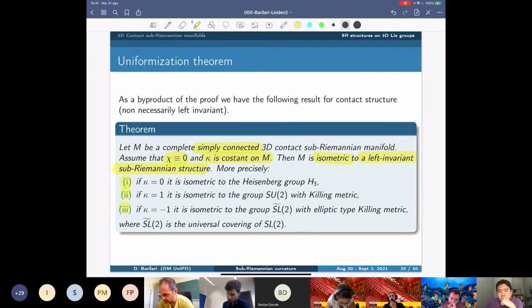Kind of zero curvature, positive curvature, and negative curvature: the standard Sub-Riemannian structure on the Heisenberg group, the standard Sub-Riemannian structure on SU2, where the metric is defined by the Killing form on the distribution, and curvature negative 1, defined on the group SL2, actually on the universal cover.